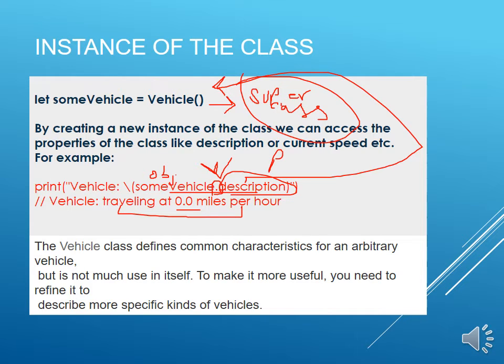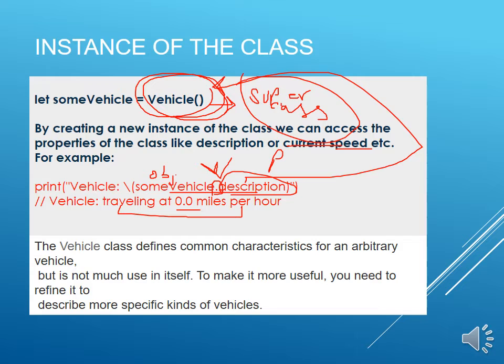The Vehicle class defines common characteristics for an arbitrary vehicle but is not much use by itself. To make it more useful, we need to describe more specific kinds of vehicles. This vehicle just has currentSpeed and description, so to modify it we will use subclasses. For example, we have different kinds of vehicles: bicycles, bikes, cars, different types of cars.